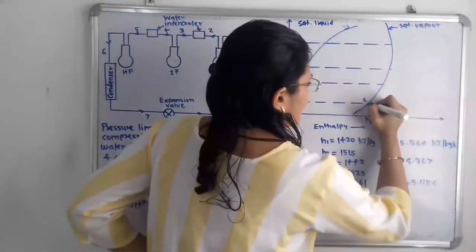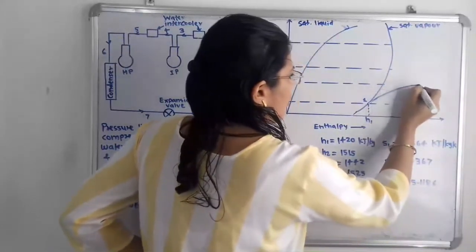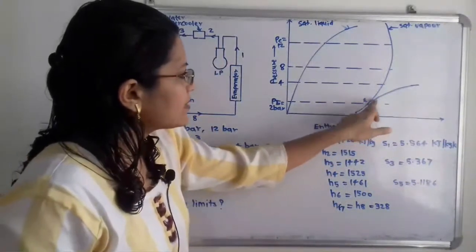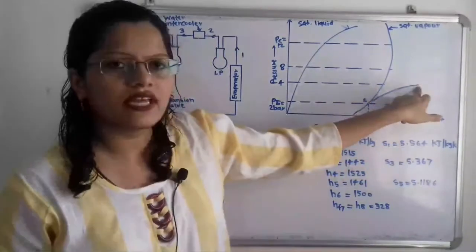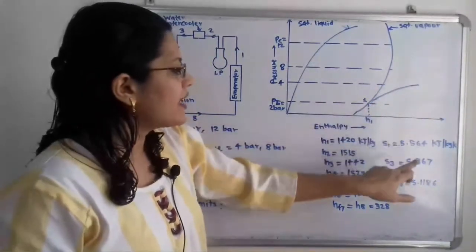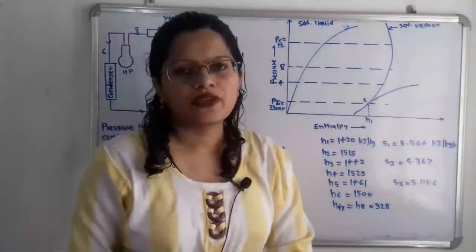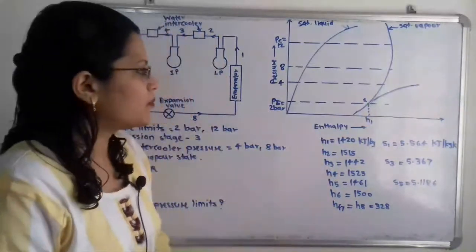So if I will take here, this is the compression process. Now we have to select this point 1 entropy. So that S value is given, that will be passing through this point 1, and which is equal to 5.564. And within that line only we have to select the point.